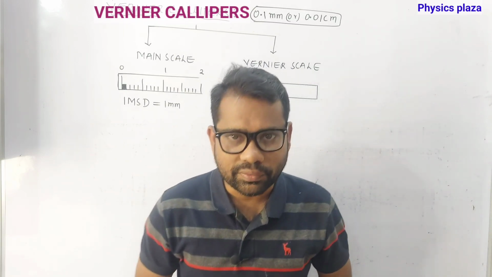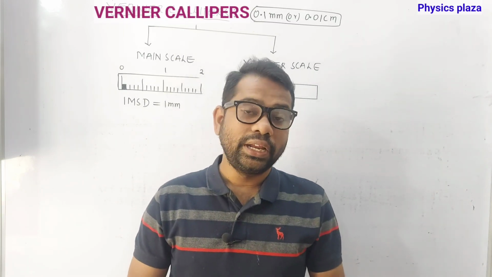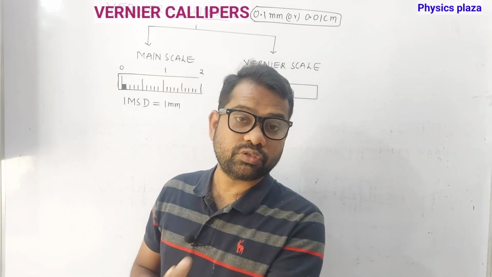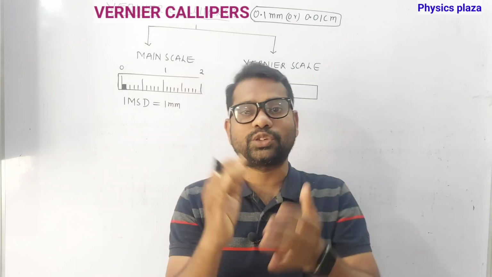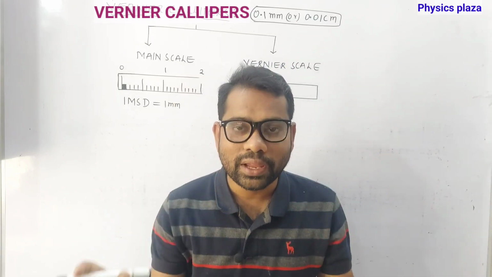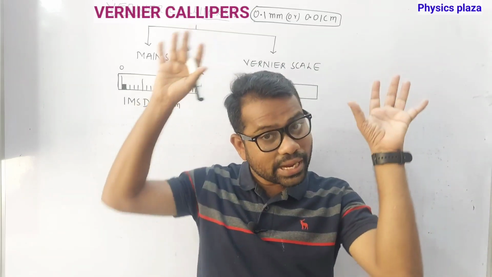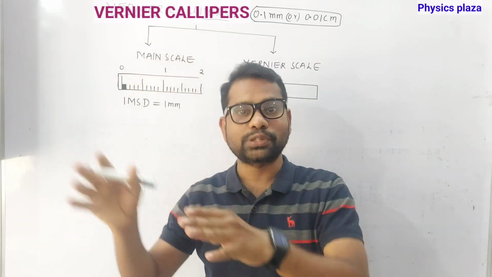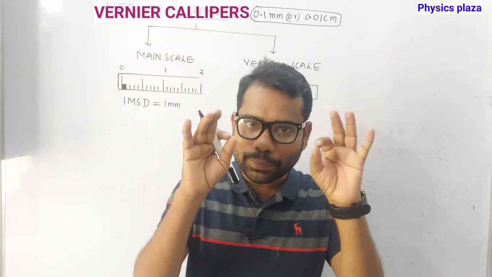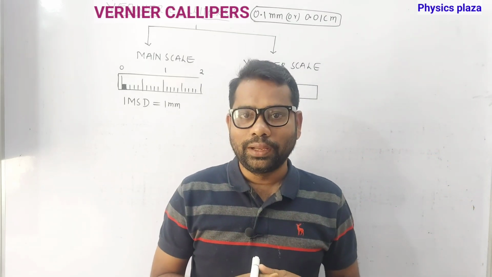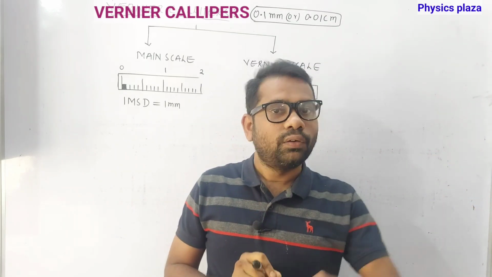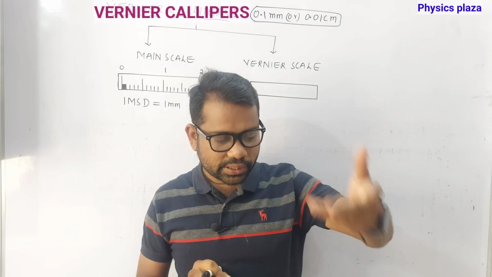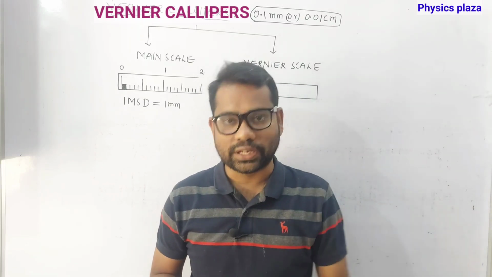It can be 10, 15, 20, 25. You can change the number of divisions when designing and making the Vernier calipers. Once the Vernier calipers is made, we can't change it; it is done during manufacturing.